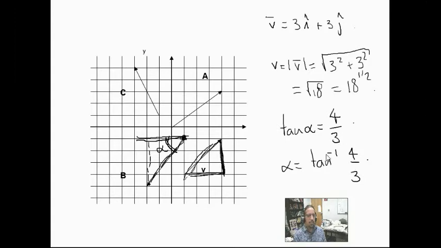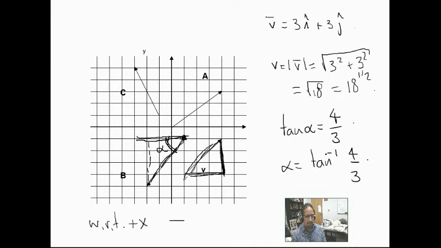A slightly more complicated problem is when you actually need to express the direction of this vector with respect to not this angle, but for example, with respect to the positive x-axis. What's the angle here? So then we have to construct these.